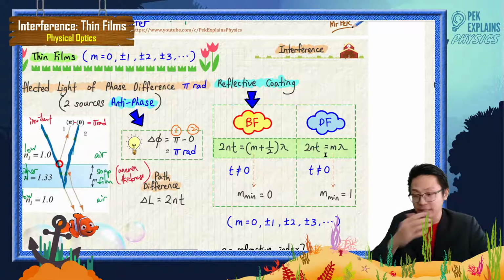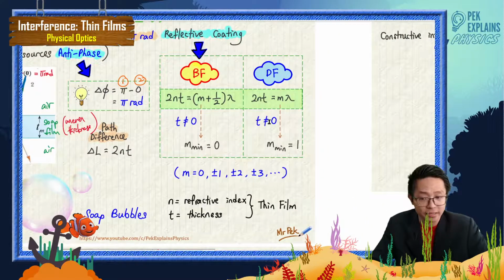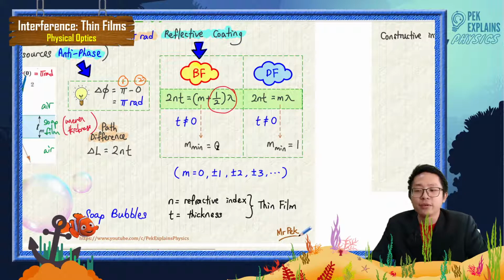Okay. Now about the thickness again. As long as you have a half lambda there, you can safely put m equal to 0.